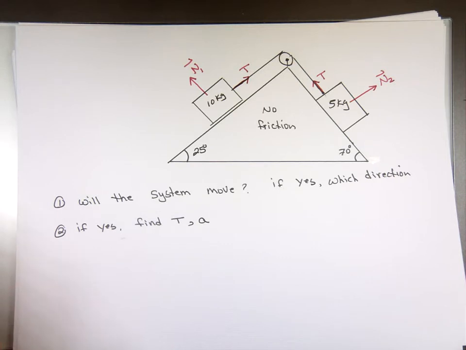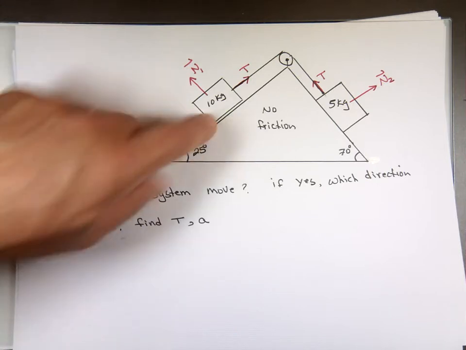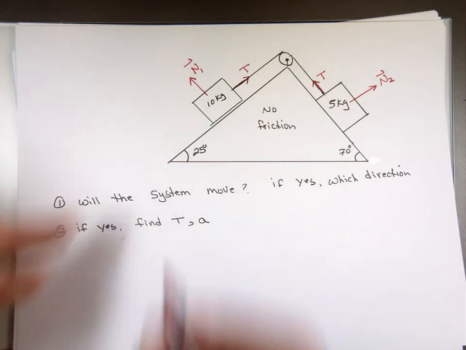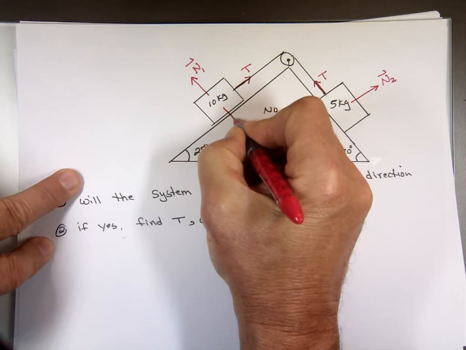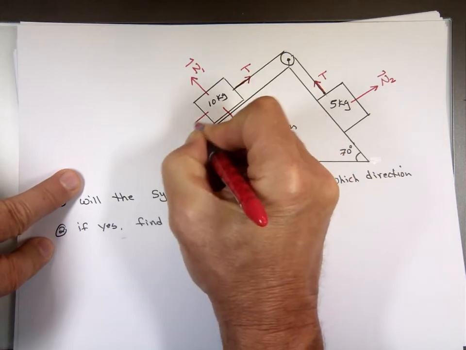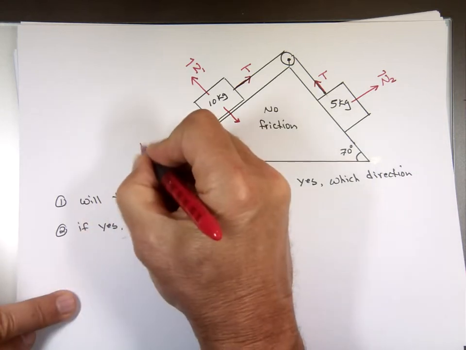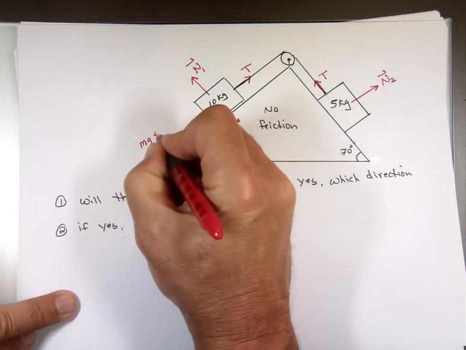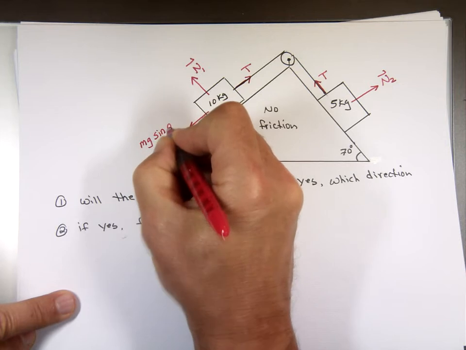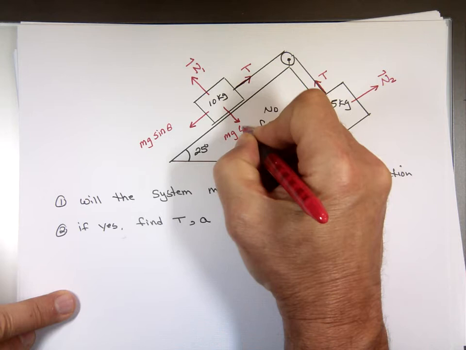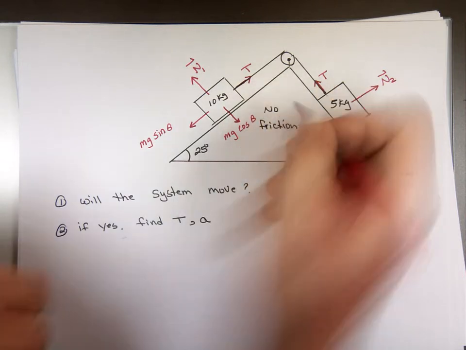The weight of this and the weight of that. But remember, I'm going to break the weight down into two parts, a component in this direction and a component in that direction. In this direction, it's mg sine theta. In this direction is what? mg cosine theta. Let's plug in the numbers.